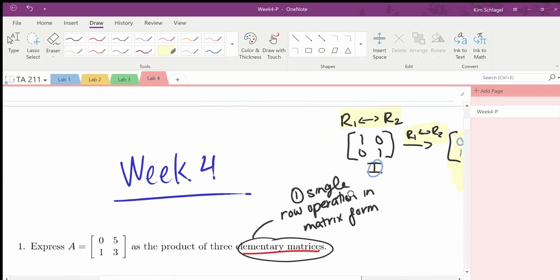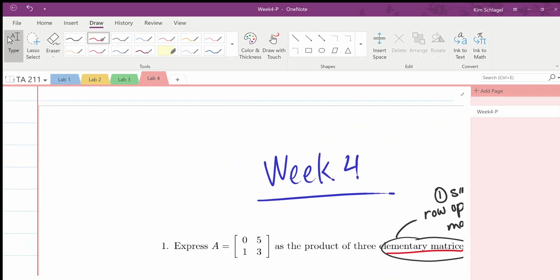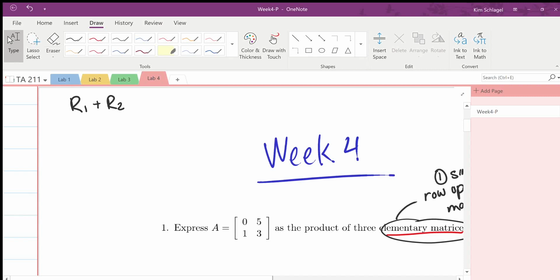Okay, so I'll do one more over here. Same thing, if I have a row operation of row 1 plus row 2, say that was one of my row reduction steps. What I'm going to do to encode this in matrix form, to make an elementary matrix out of this, is start with my identity matrix and apply this row operation to it.